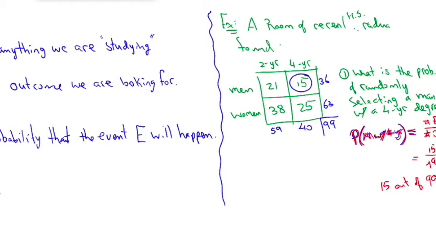If you're gonna write it in fraction form, you're gonna be looking for these two numbers. Be careful. If it was 15 out of 90, they do have a common factor of 3, so it reduces to 5 out of 33. So you have a 5 out of 33 chance of selecting a man with a 4-year degree.